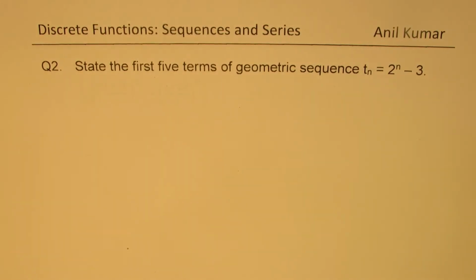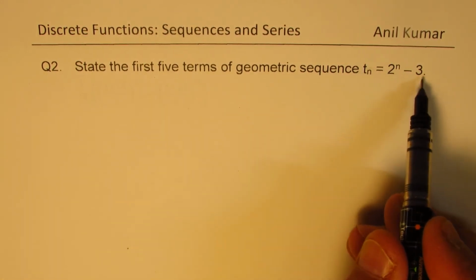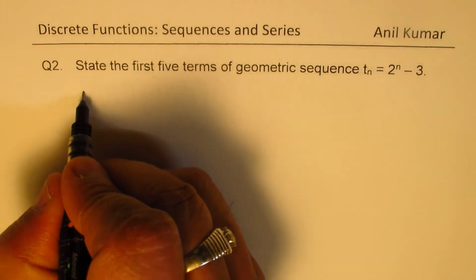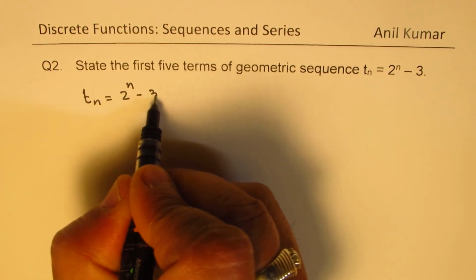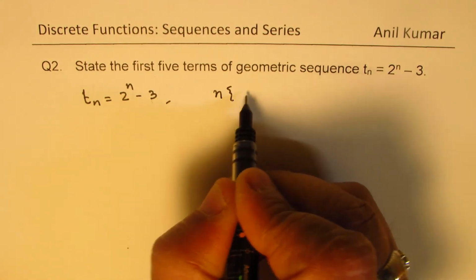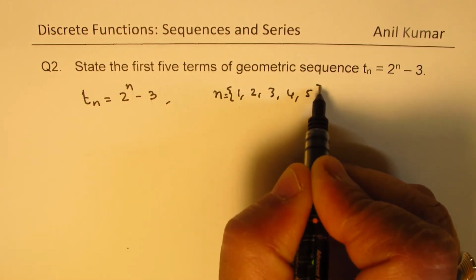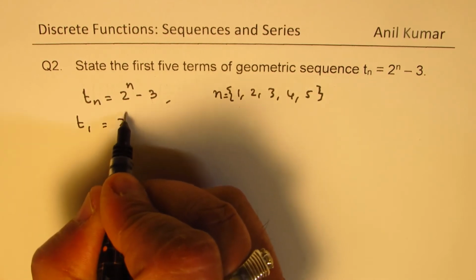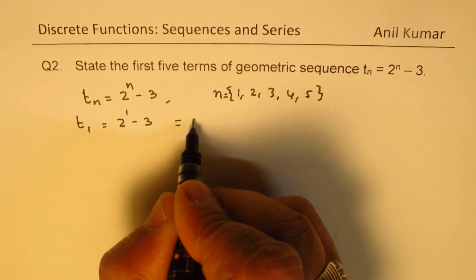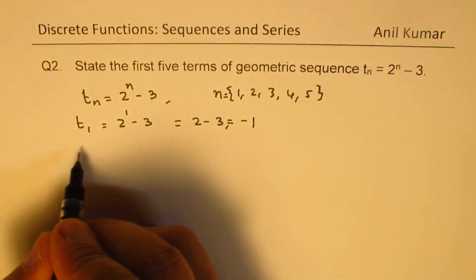Question number 2. State the first 5 terms of geometric sequence Tn equals to 2 to the power of n minus 3. So again the same thing. We have this formula Tn is 2 to the power of n minus 3. So the numbers which we are going to put will be 1, 2, 3, 4 and 5, right? So just calculate. So we have T1 which is equals to 2 to the power of 1 minus 3, which is 2 minus 3, which is equal to minus 1, correct?